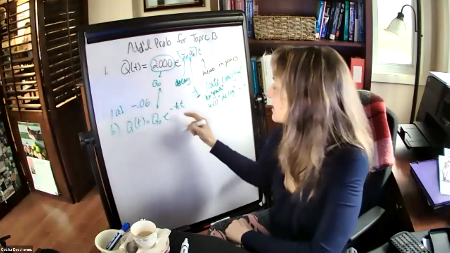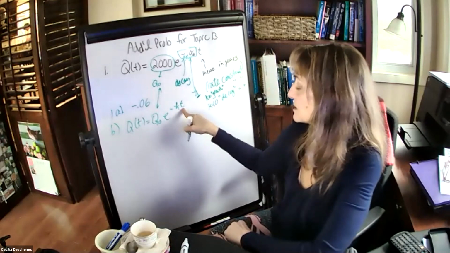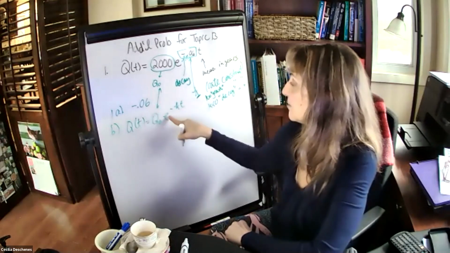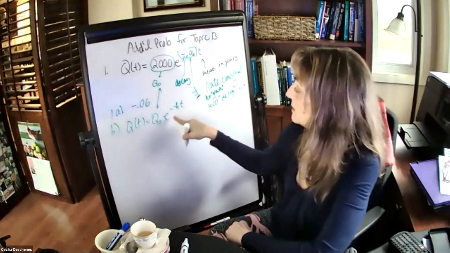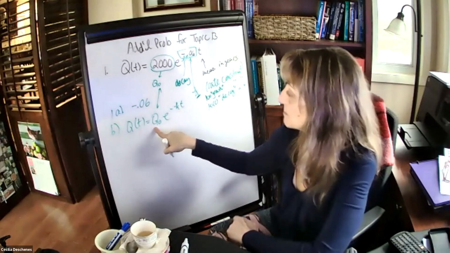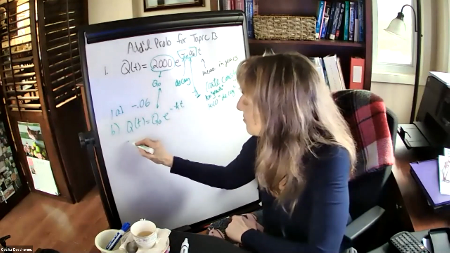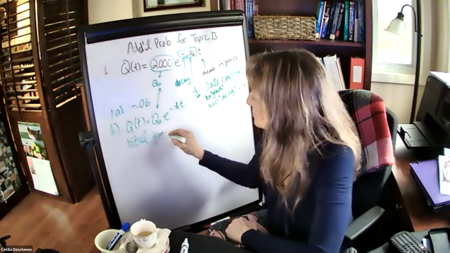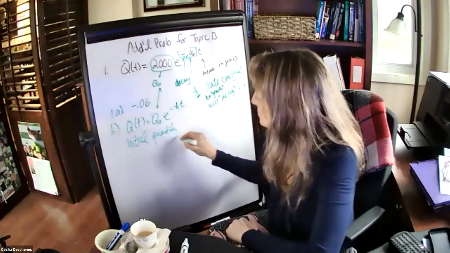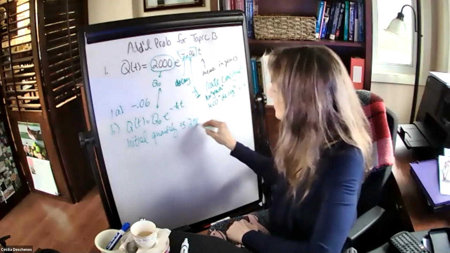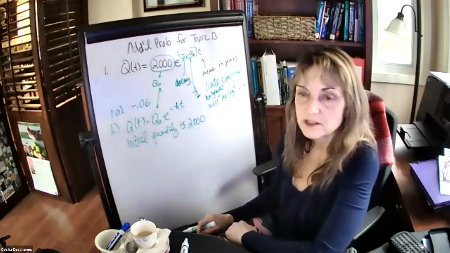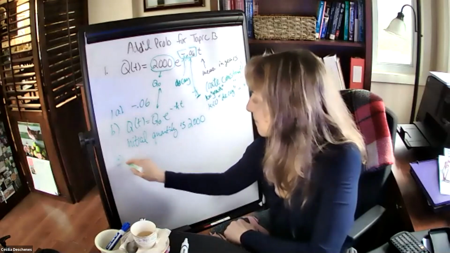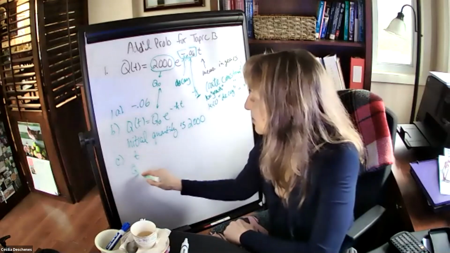That's because if you put in 0 for t, you'll see that e raised to the 0 is 1, and so this is what you get when time is 0. So we say that the initial quantity is 2000.